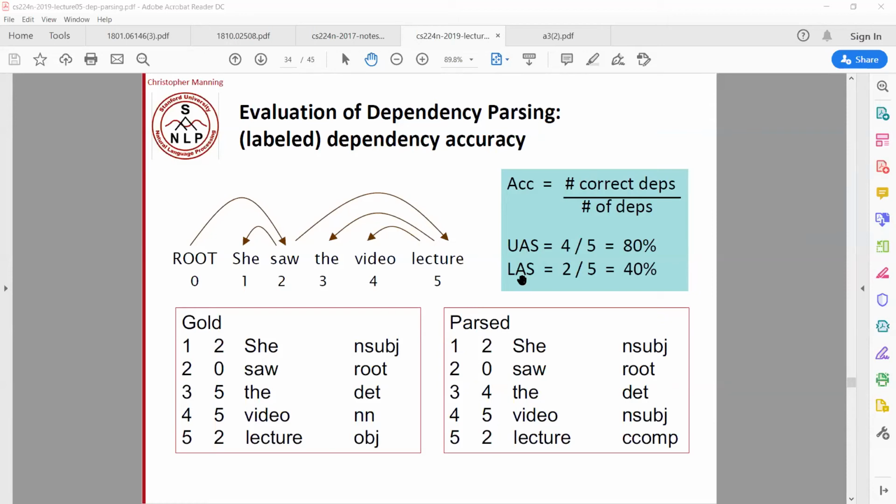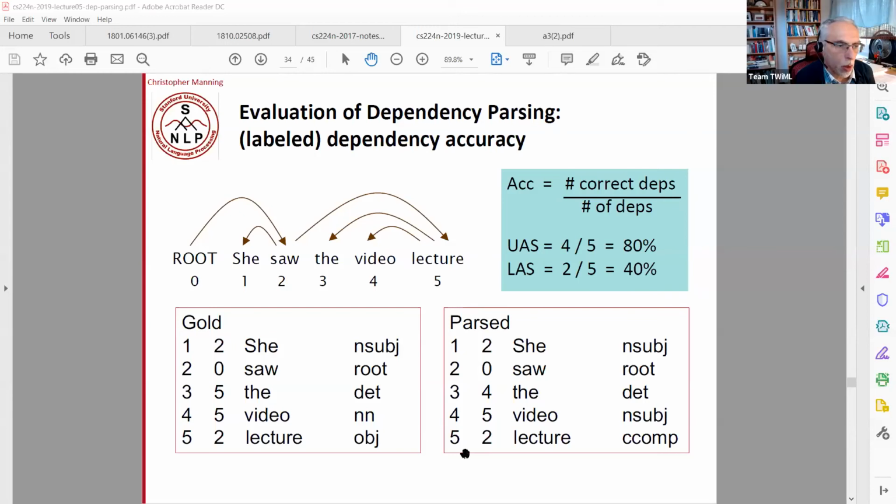And therefore, when you get both right, then you only have 2 out of 5, as you can see from the examples, because let's see which ones are right. Saw, root compares the gold and the parsed, and the det are the 2 which are right. Did I get it right or no?